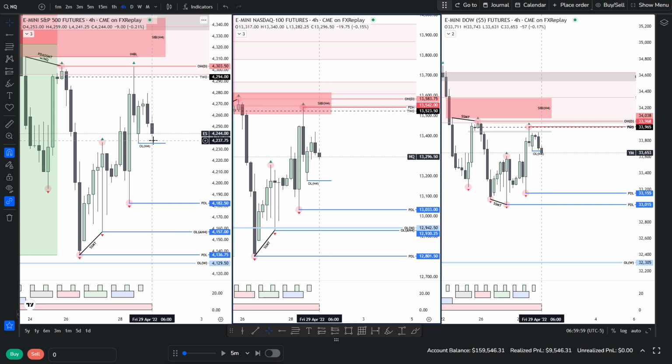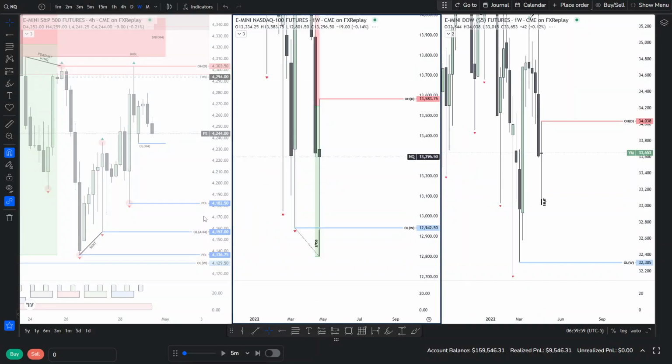So it looks as though we're going to end the month positive, but maybe not as positive as we could have done. So 29th, but you never know, could still go all wrong in this session, but that's what you've got to employ, good risk management. So we're going to go out to the weekly.